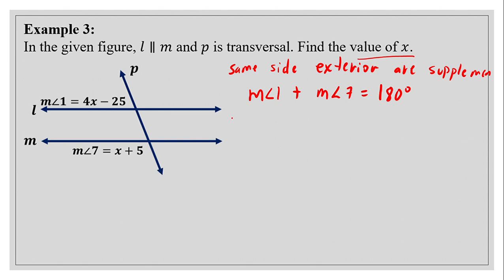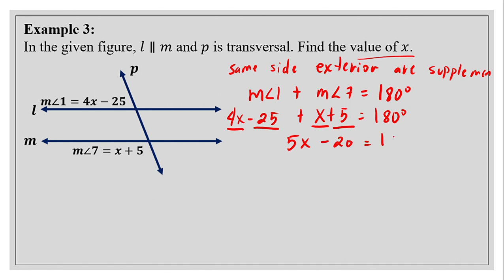Measure of angle 1 is 4x minus 25 plus measure of angle 7 is x plus 5, and that is equal to 180 degrees. Combine like terms, 4x plus x, that is 5x. Negative 25 plus 5, that is negative 20, is equal to 180 degrees. So 5x, bring down 5x, 180.